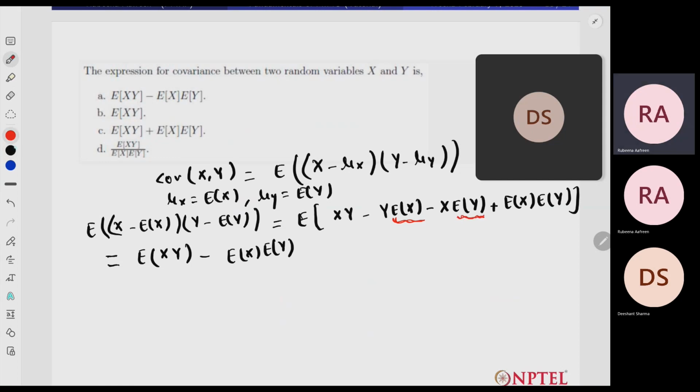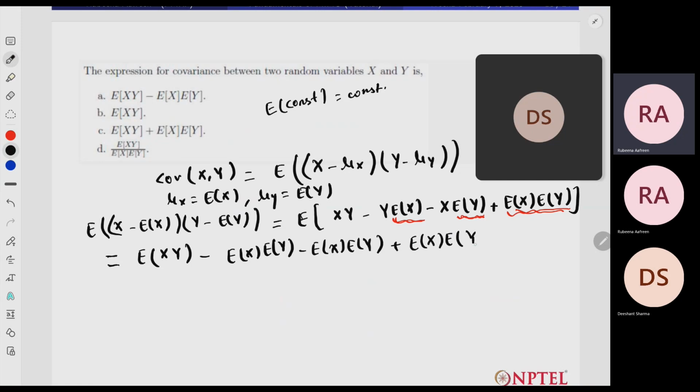So expectation of any constant is that constant itself. So here we can again write it as expectation of x into expectation of y, and then again this term, expectation of x into expectation of y, is a constant. So we will write it again as expectation of x into expectation of y.